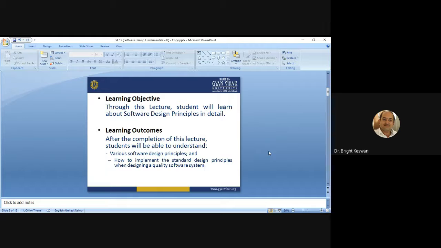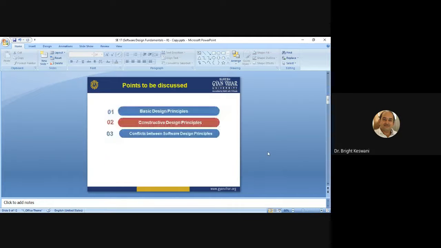So you will understand the software design principles, because there are a lot of principles, and what design practices you have to adopt for a complex project depends on a better understanding of software design principles.